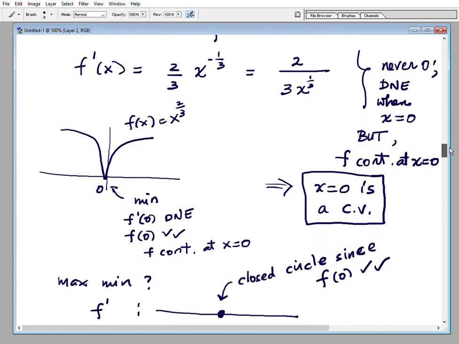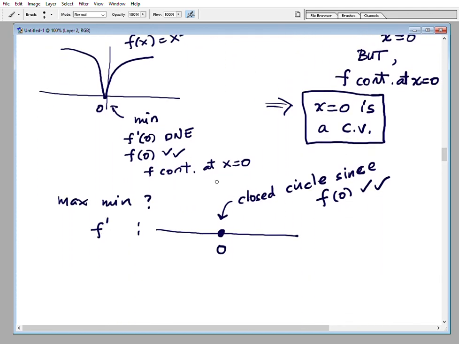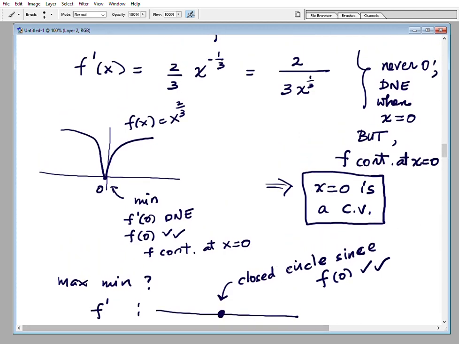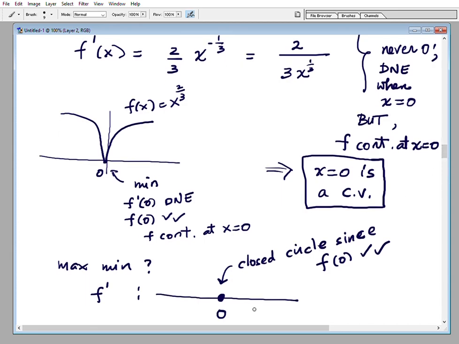So really, even though we're doing a plus minus analysis of f prime, the open and closed circles go according to f, not according to f prime. That's the important little nuance here. Now we're substituting into f prime. If we substitute in something bigger than 0, like 1, we get positive.